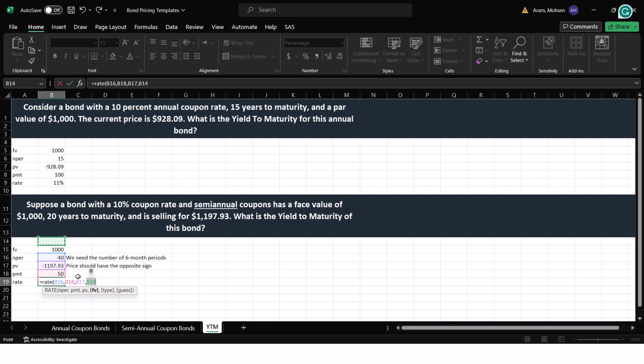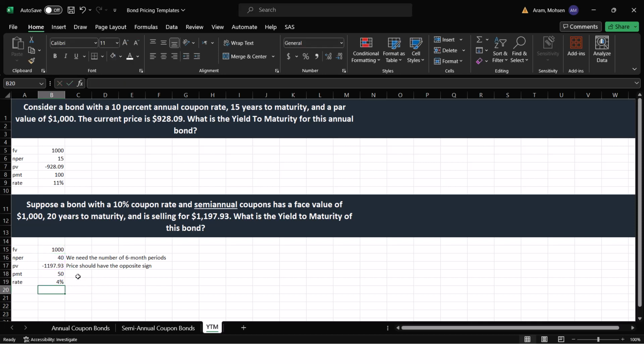And your future value is 1,000. As you can see, the 4% is your 6-month rate. So you need to find the yield to maturity.